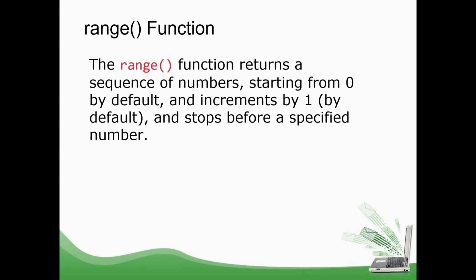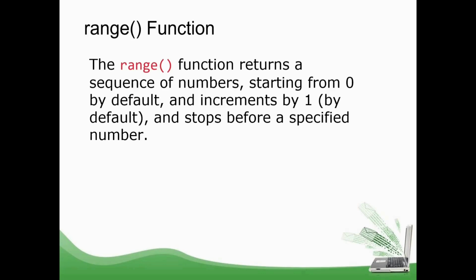You want 1 to 10, you want 10 to 1, you want all even numbers, you want all odd numbers, whatever you want. So the range function returns a sequence of numbers starting from 0 by default, this is the starting value, and incrementing by 1, that is also by default.